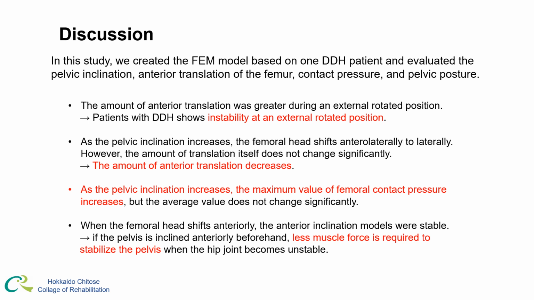As the pelvic inclination increases, the maximum value of femoral contact pressure increases, but the average value does not change significantly. When the femoral head shifts anteriorly, the anterior inclination models were stable. It suggests if the pelvis is inclined anteriorly beforehand, less muscle force is required to stabilize the pelvis when the hip joint becomes unstable.